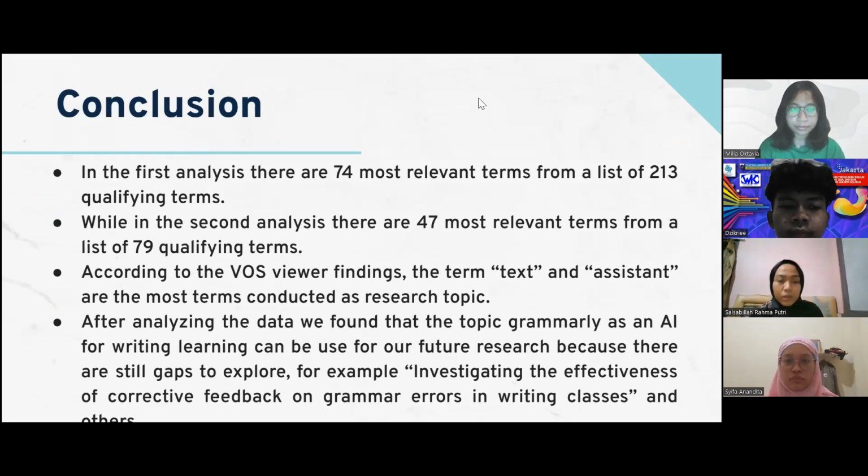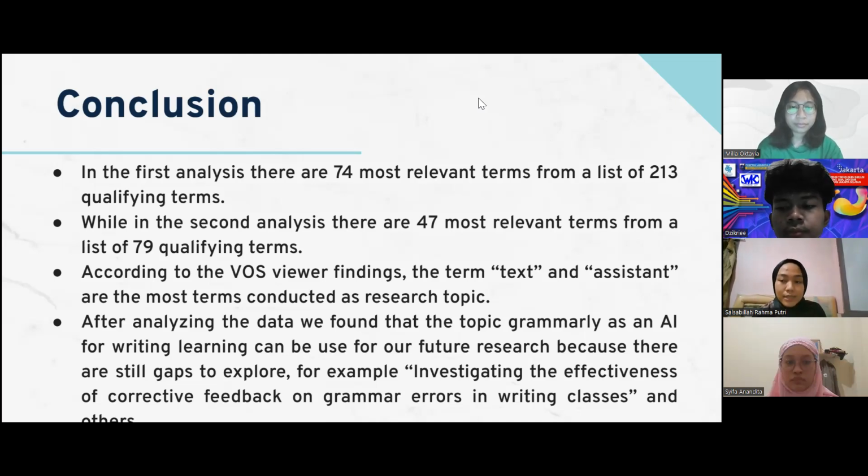Okay, so in conclusion, the study has identified that Grammarly for learning writing is still rising as a global trend. The publications were found from Google Scholar via the Publish or Perish application. The findings were presented with two analyses.